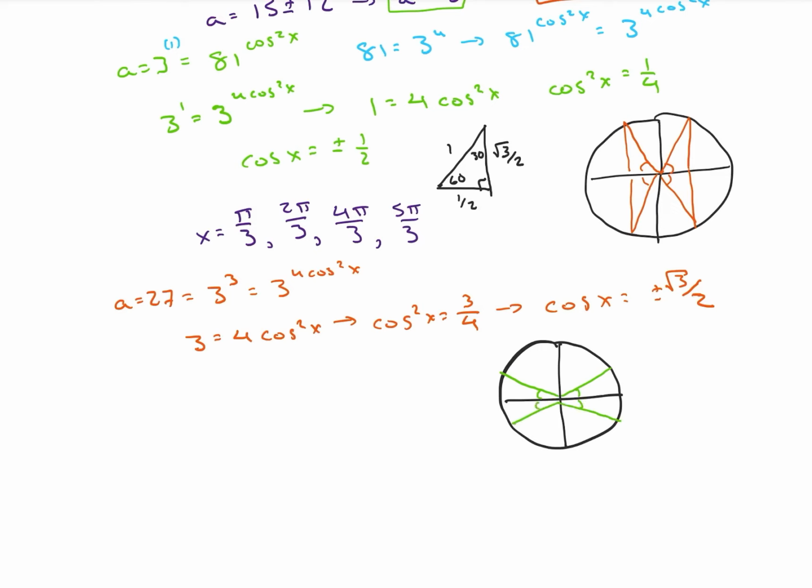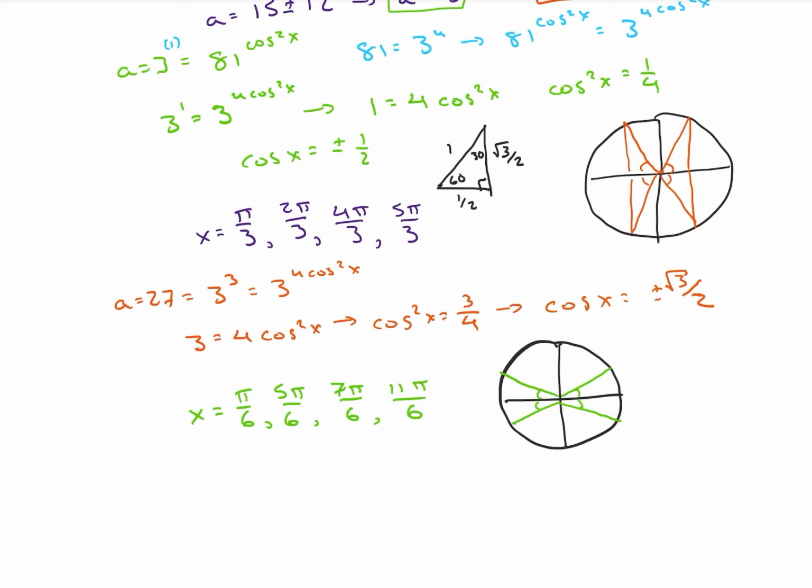And all 4 of those angles will give us positive or negative root 3 over 2. So our second set of solutions are going to be x equals pi over 6, 5 pi over 6, 7 pi over 6, or 11 pi over 6.